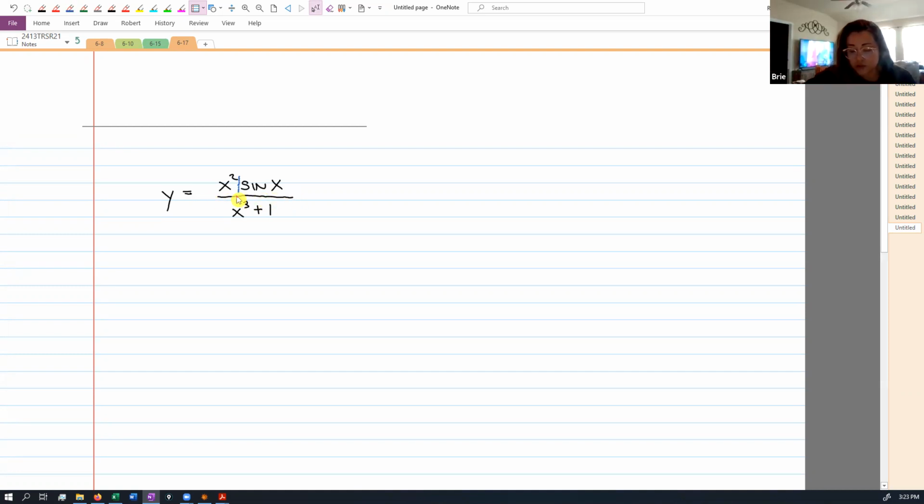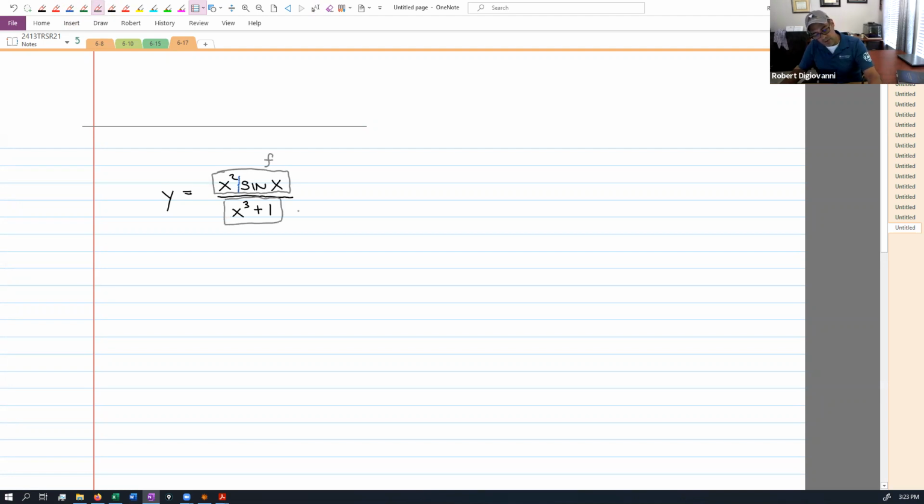Oh, quotient rule. You've got a huge division here, don't you? This big division. If you look at this division and isolate your brain to think about the numerator by itself as being f and the denominator by itself as being g, you see that ultimately we have a big quotient.